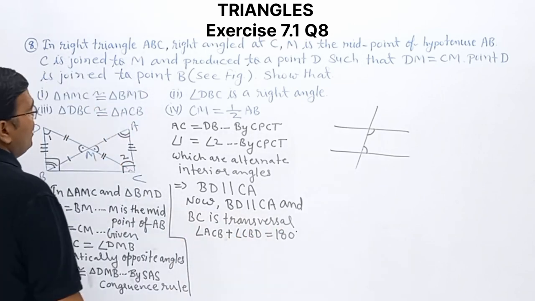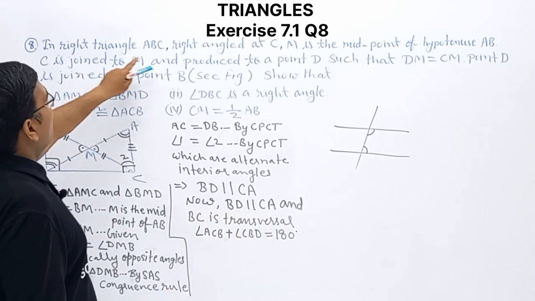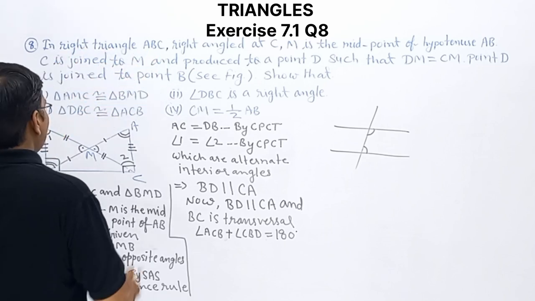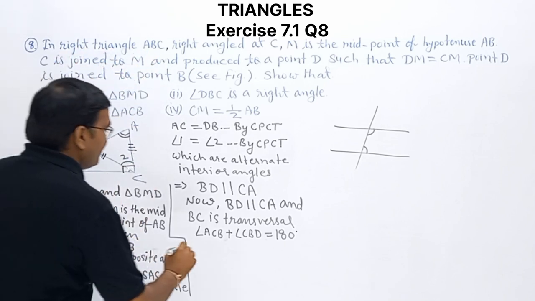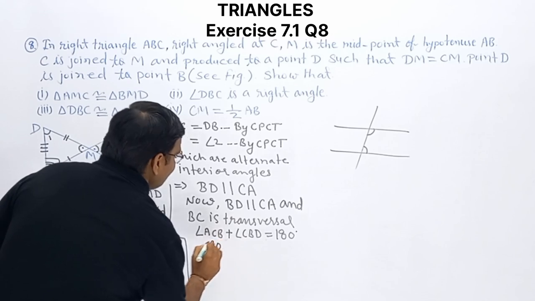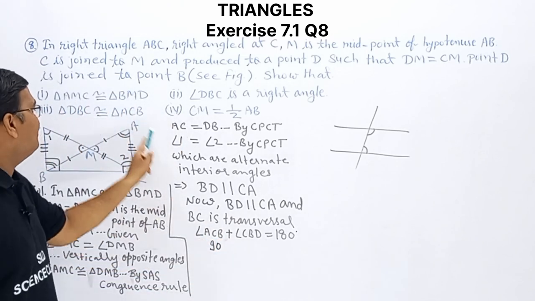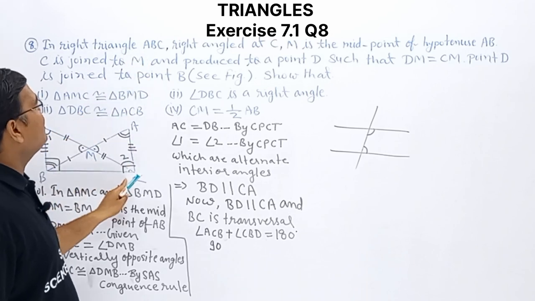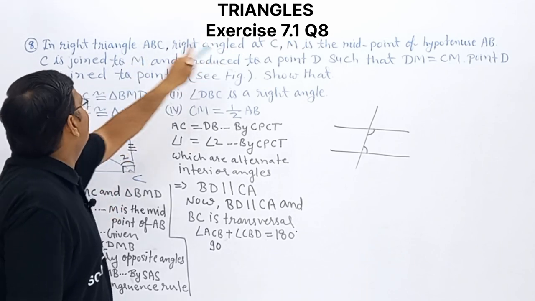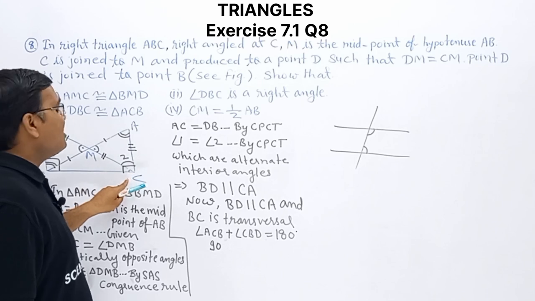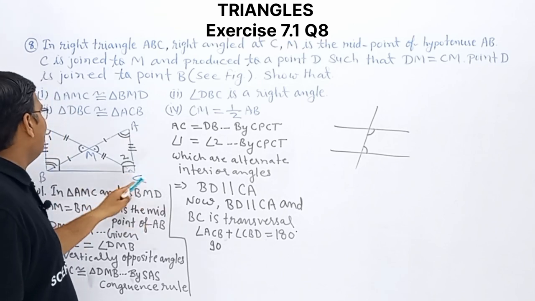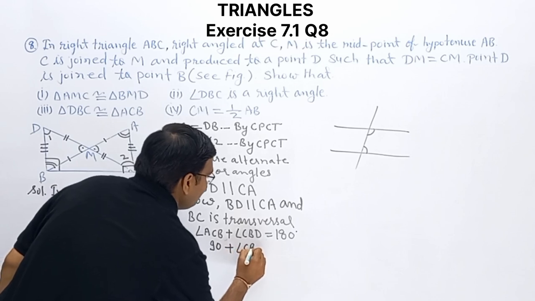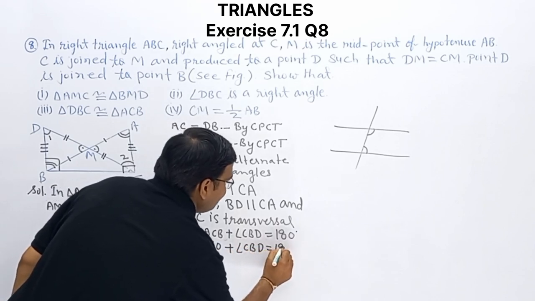So finally, one angle we have is a right angle at C. In right triangle ABC, angle ACB is given as 90 degrees, right angled at C. It means angle ACB, which is 90 degrees, plus angle CBD equals 180 degrees.